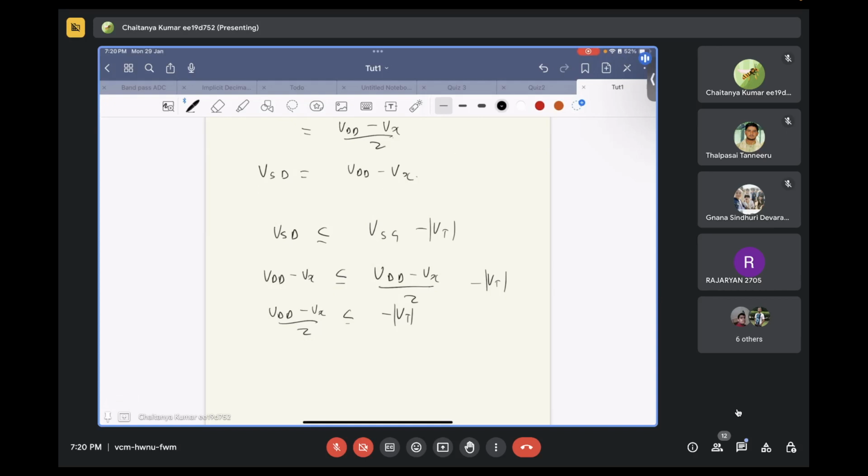This condition should be met for this to happen. Now, when will this condition be met?